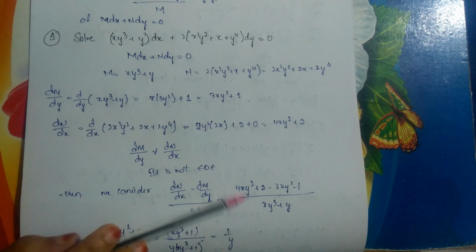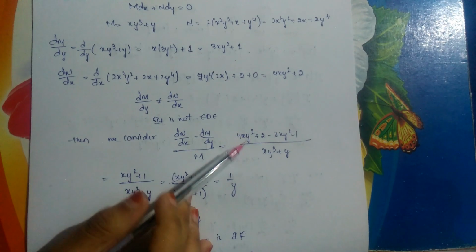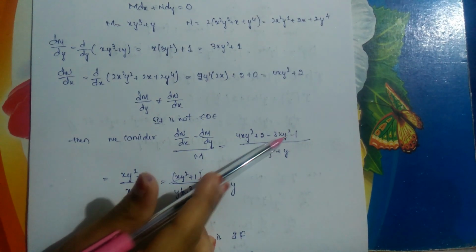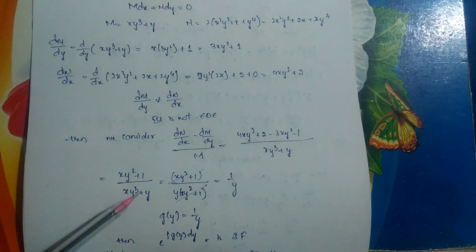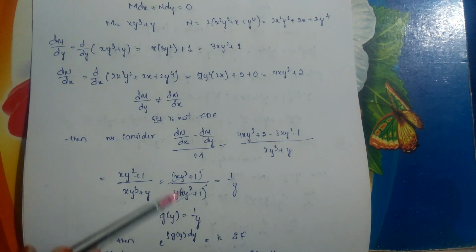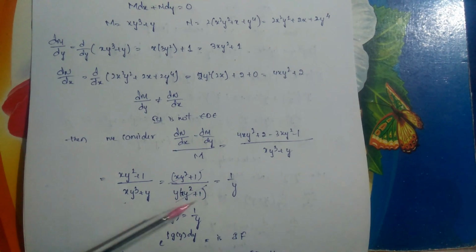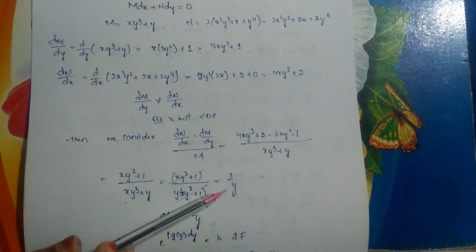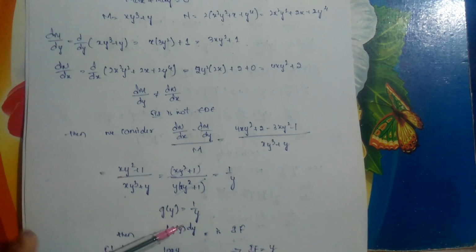Simplify this further: 4xy square minus 3xy square is xy square, and 2 minus 1 is 1, divided by xy cube plus y. In the denominator take y as common, so we get y of (x y square plus 1). So both terms get cancelled and it remains 1 by y. So this is g of y. So g of y is equal to 1 by y.